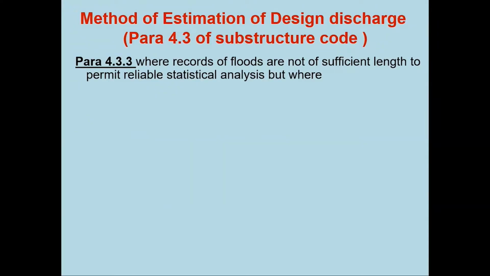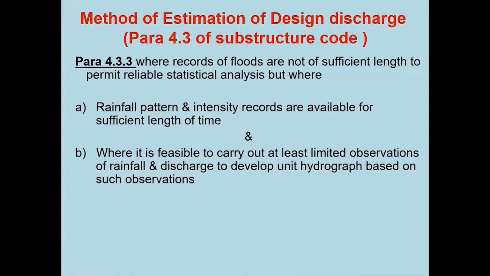The third is, if that is not available, but we have got data for rainfall pattern, its intensity, and the discharge at a particular point, meaning at the point where we want to develop our bridge.